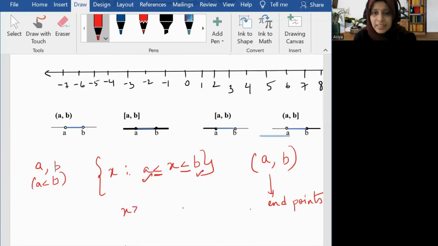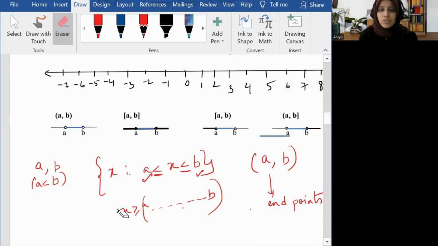If I say X is greater than or equal to A, then will I not include A as it says equal to A? Now, when I say less than or equal to B, that means my B will also be included and all the numbers between A and B are also included. Now, this is called a closed interval.